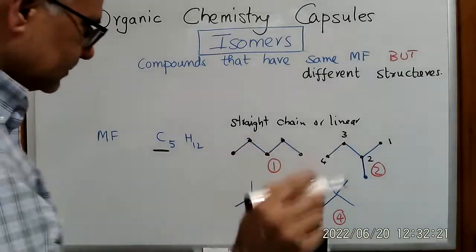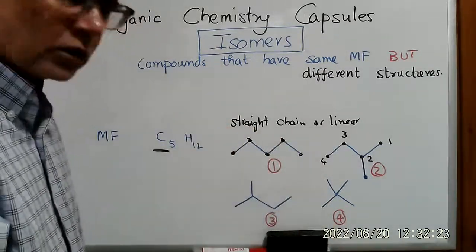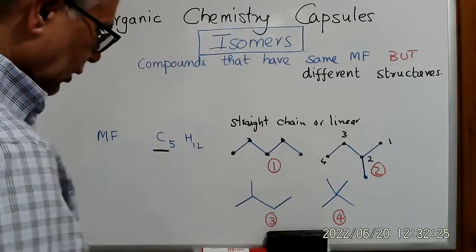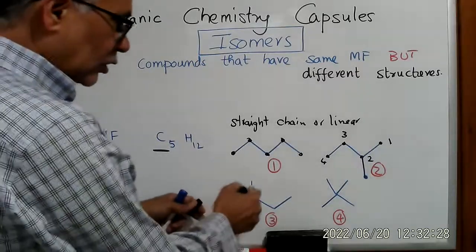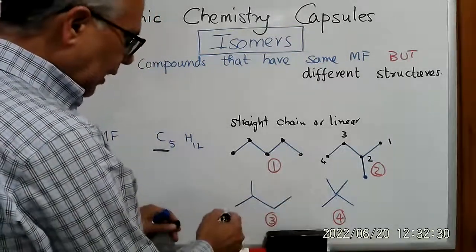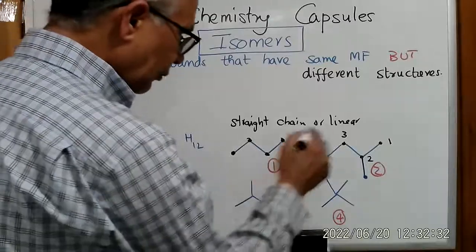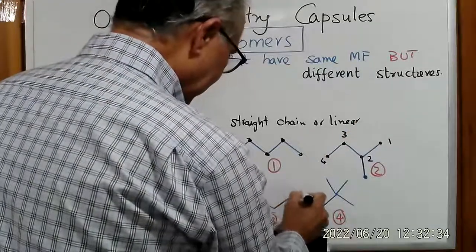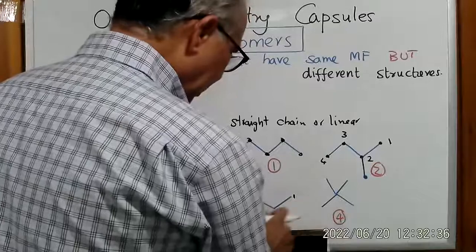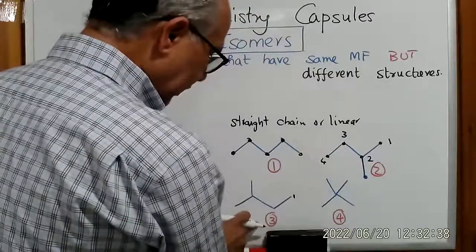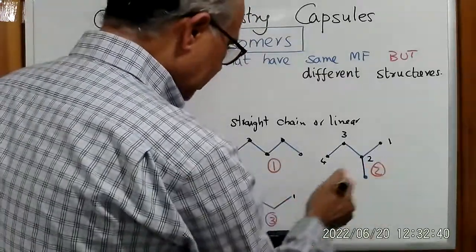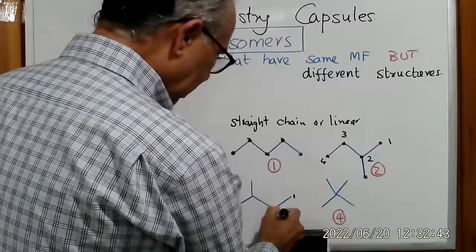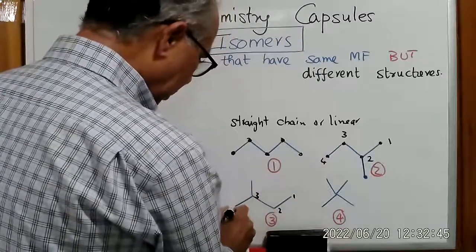Okay. Now let's draw a different structure. Notice what I did. I have already drawn this. So I have a 4 carbon chain. If I number them exactly like this, I have carbon 1, carbon 2, carbon 3, carbon 4.